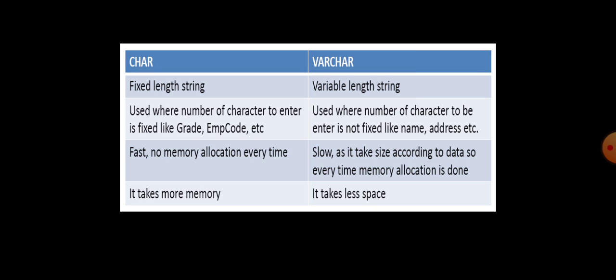It takes less space than the char data type. My dear children, let me ask a question. Which data type uses memory efficiently? The answer is varchar, because it uses less memory space.